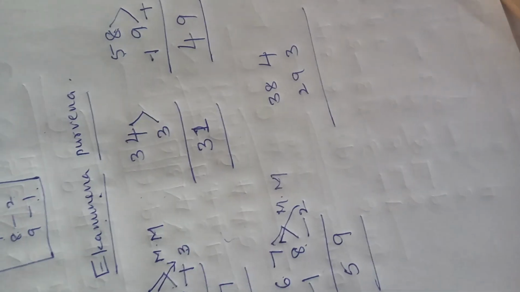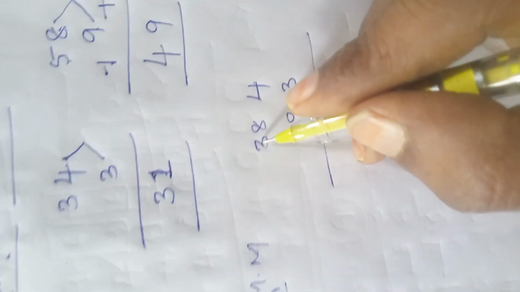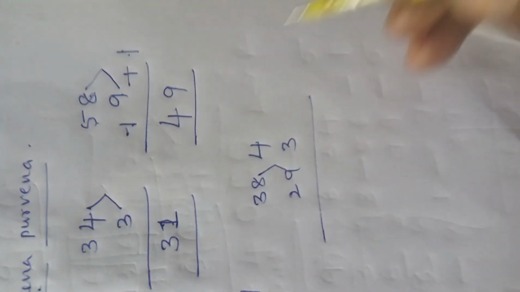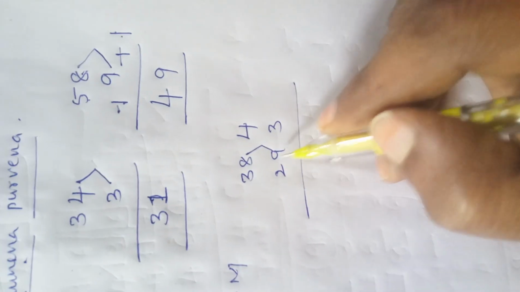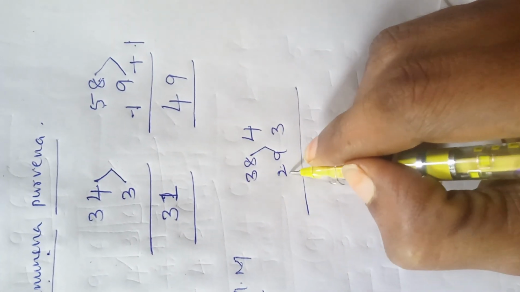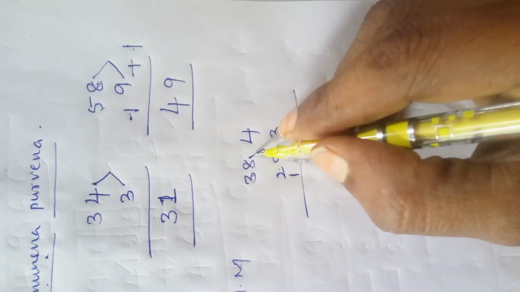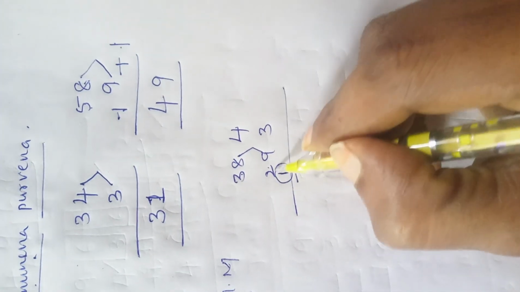384 minus 293. It is a 3 digit number. Look here. Before going to the subtraction, identify whether this is a mismatch or match case. Actually, this is a mismatch case. So you have to do Ekanyunena Purvena. 3 minus 2 is 1, but this is a mismatch case, so you have to subtract 1 from this answer.